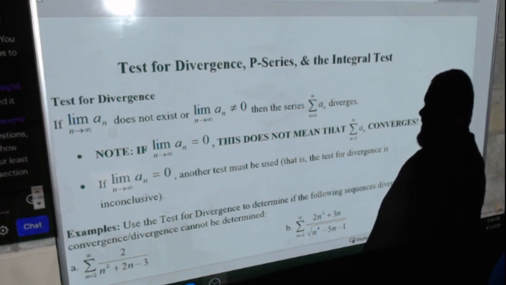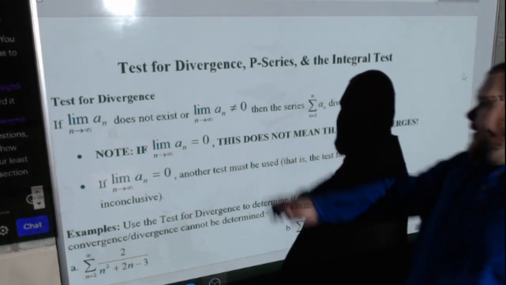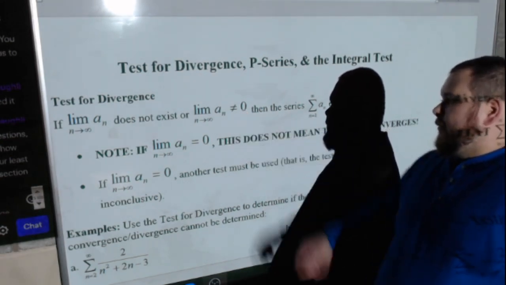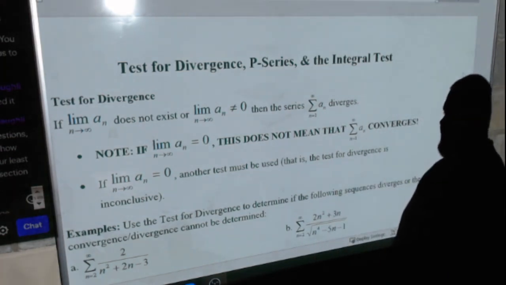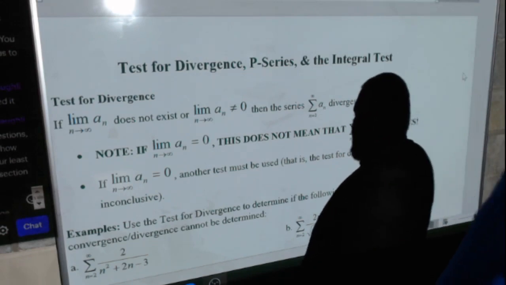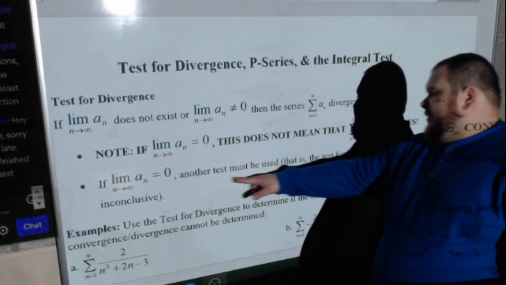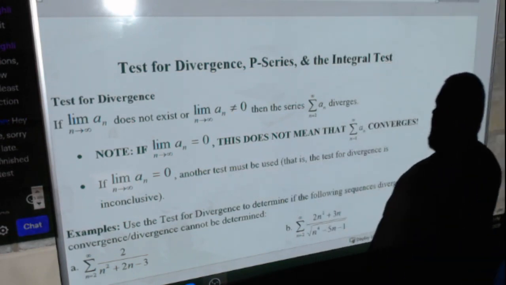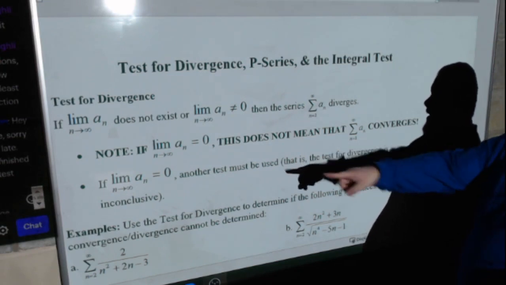If that limit does not exist, or the limit as n approaches infinity of a sub n is non-zero, then we can say that this thing diverges. In the case that we get 0, notice it says another test must be used. Or, in other words, this is inconclusive.